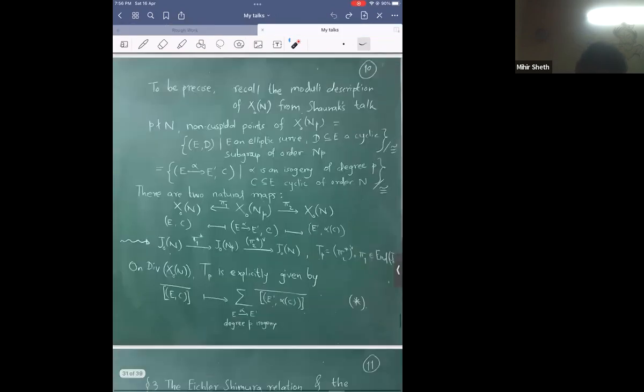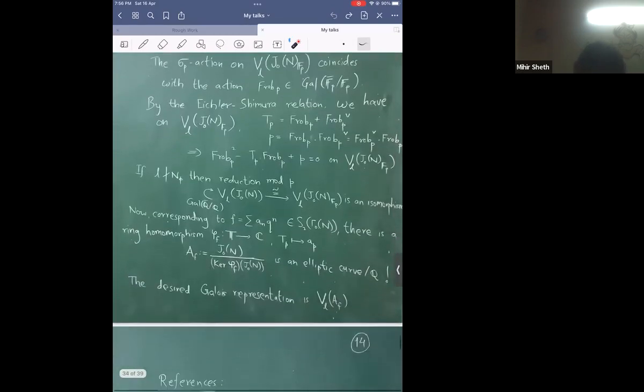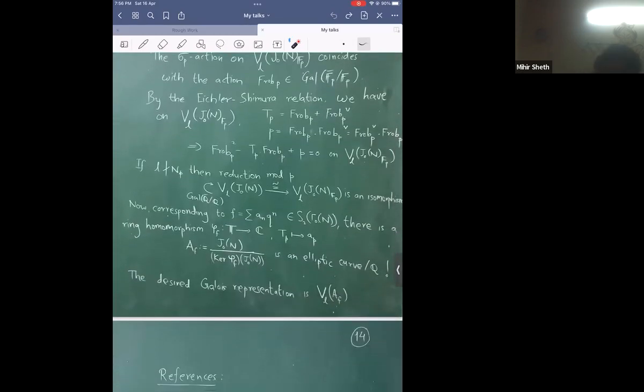So you consider the Hecke algebra T, and then you get a ring homomorphism from this big Hecke algebra to C attached to this modular form, which takes each operator to its eigenvalue. Then we look at the kernel. But again, I can say what is happening, but I don't know why this works out, or what's the intuition behind this. Okay.